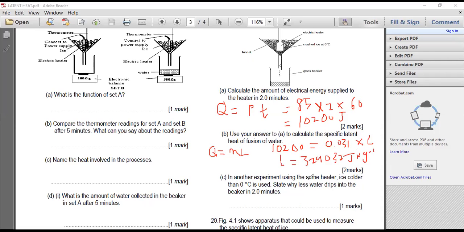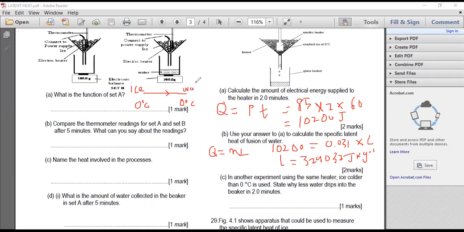Now in another experiment using the same heater, ice cooler than 0 degrees Celsius is used. State why less water drips into the beaker in 2 minutes. If you use ice at 0 degrees Celsius, the process only involves melting 0 degrees Celsius ice into 0 degrees Celsius water.